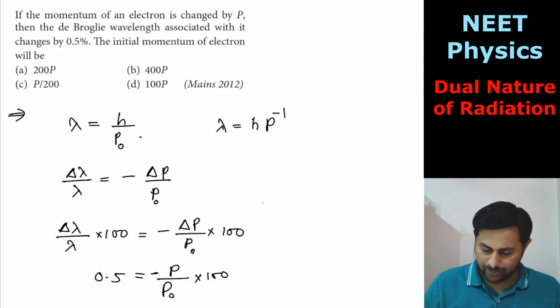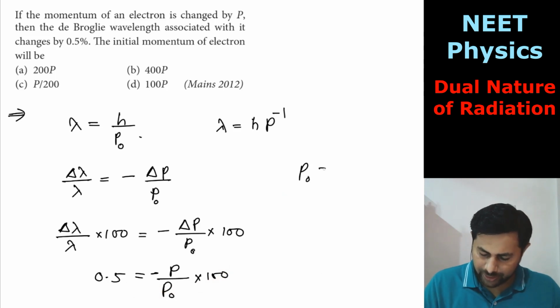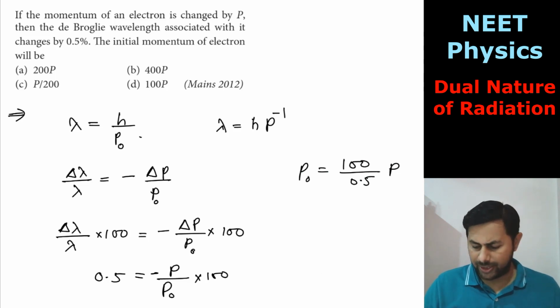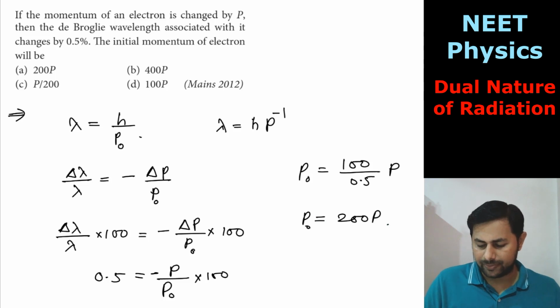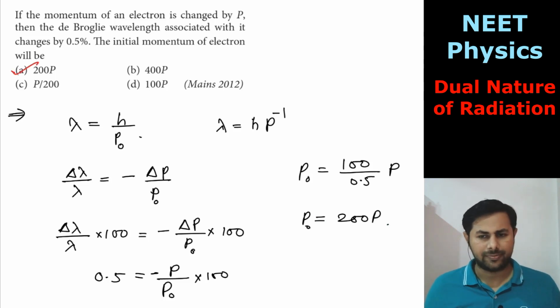Therefore what will you get? That initial momentum p naught is equal to 100 by 0.5 times of p. You can forget about the negative sign because they are just giving the magnitude, right? 100 by 0.5 is 200, so it's 200 times of p. This is clear? Yes, no? It's option A.